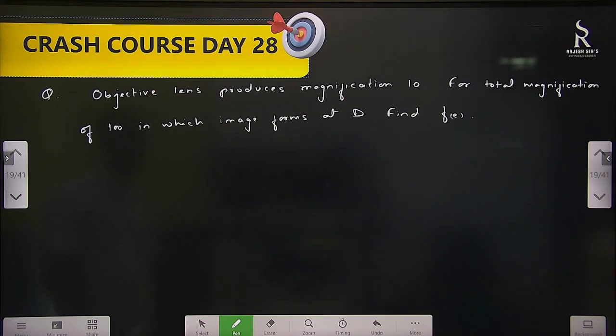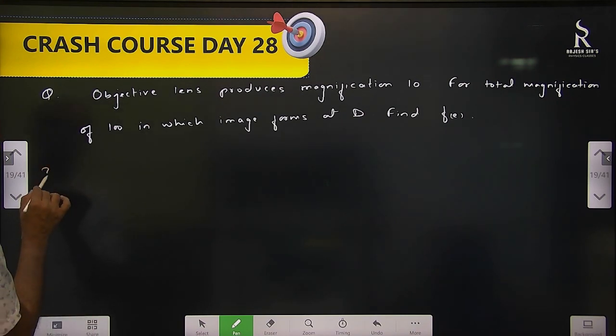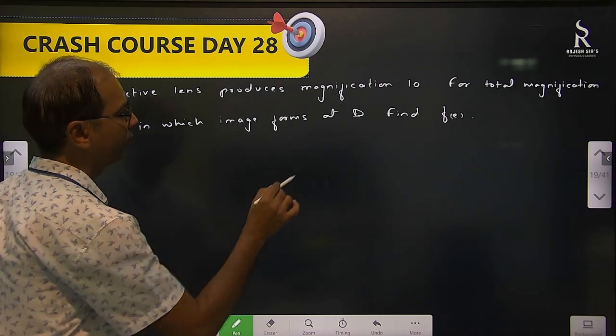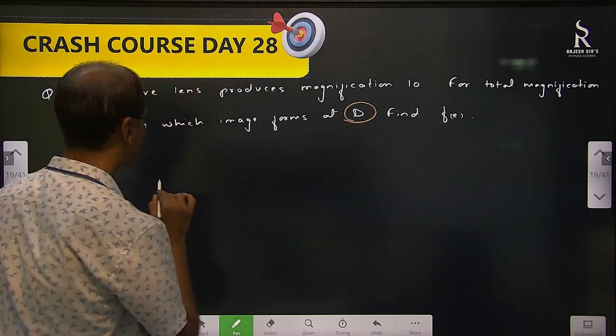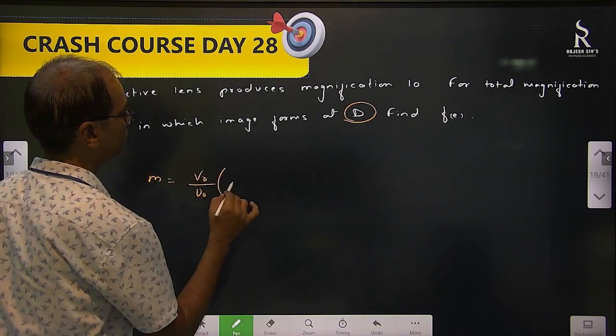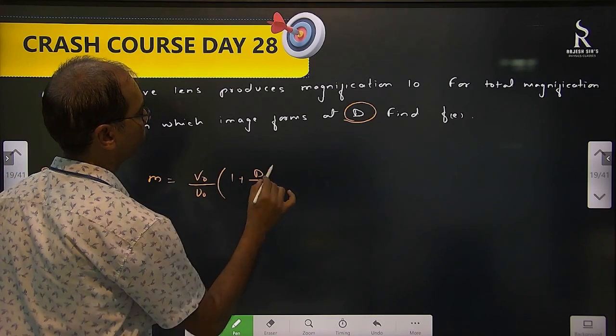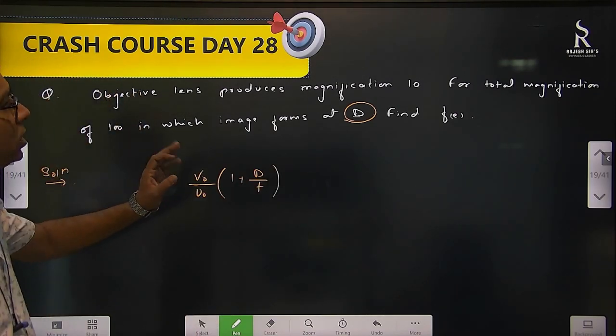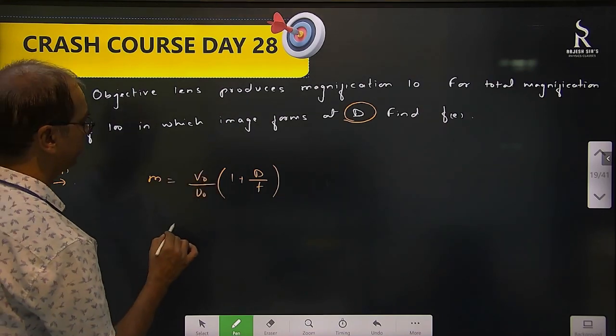Okay, one more you see. Objective lens produces magnification of 10. For total magnification of 100, in which image forms at D, find FE. So first thing is magnification when the image is formed at D. Let's write it first. It is V naught by U naught into 1 plus D by F. Objective lens produces magnification of 10, so this is 10.